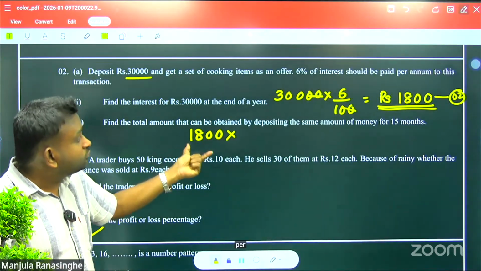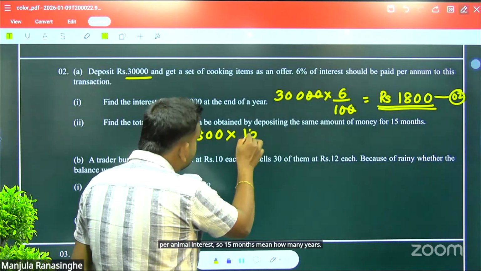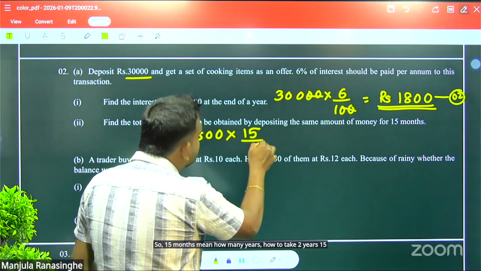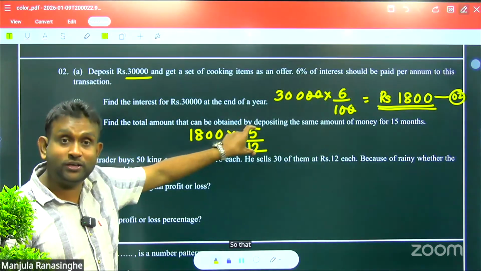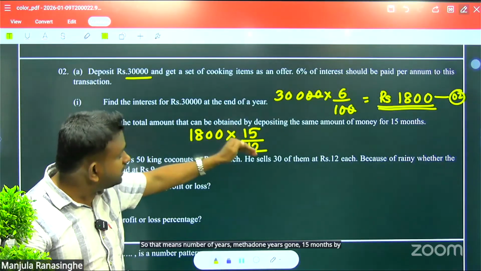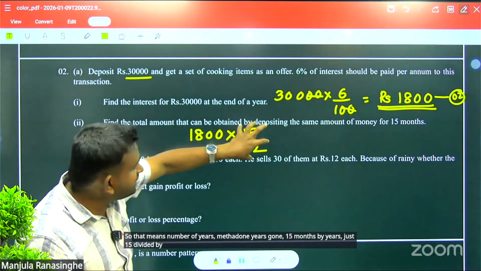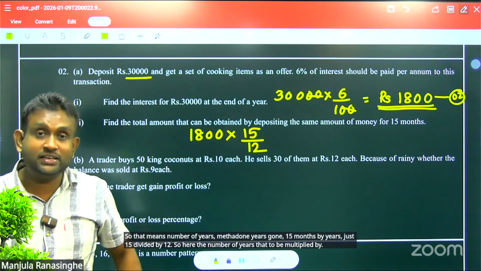So 15 months means how many years? To make months into years, you divide by 12. So the number of years, 15 divided by 12, is to be multiplied by the yearly interest.